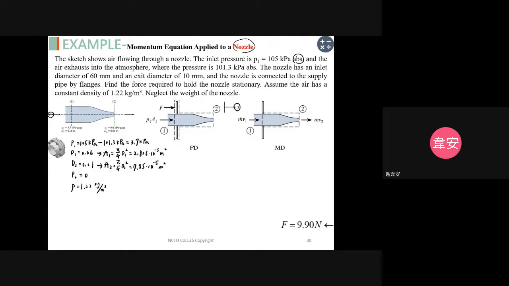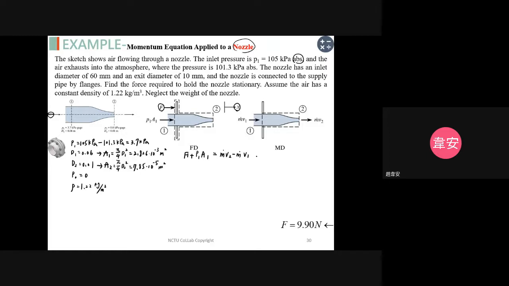Based on the force diagram shown here, the required force to hold the pipe is F. Along the x direction, the force balance is the required force plus P1 multiplied by A1, because this is additional force contributed from the inner pressure, and it needs to equal the momentum outflow minus the momentum inflow.